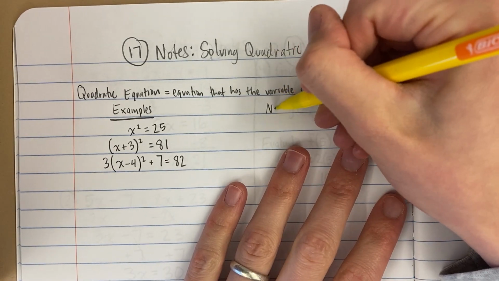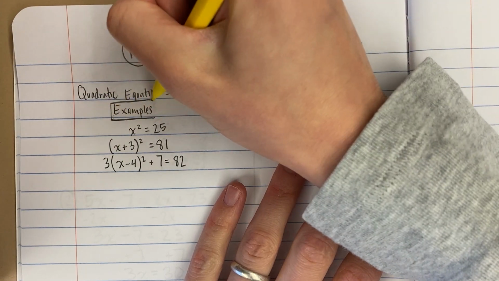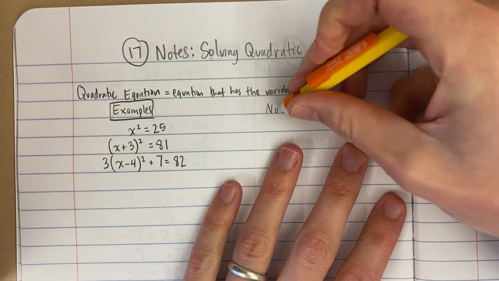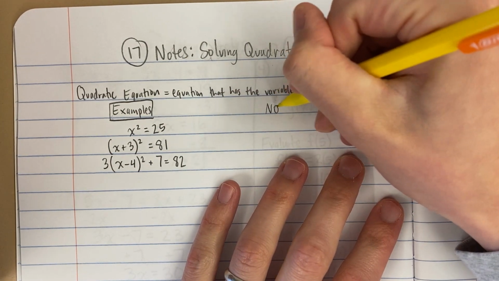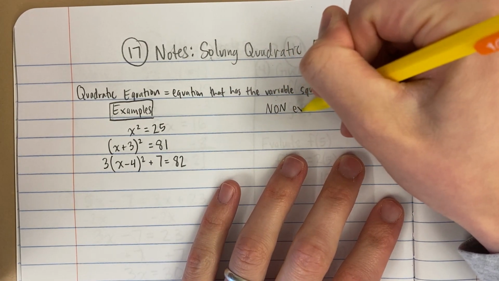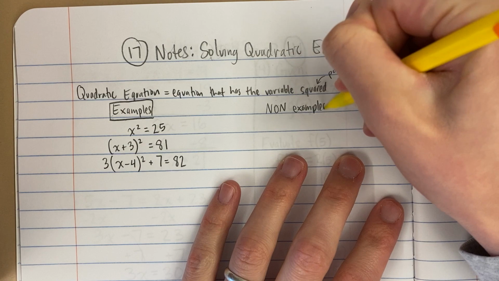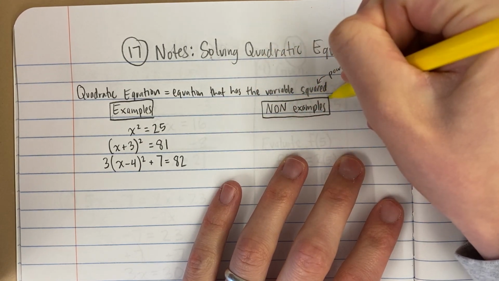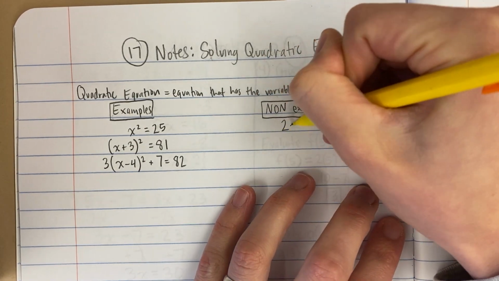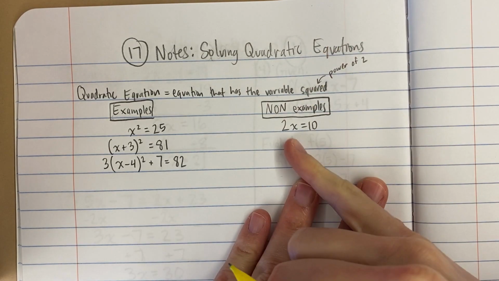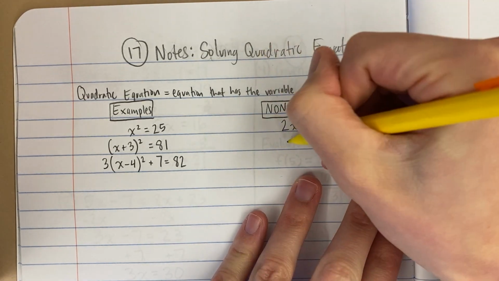Just to be clear, these are examples of quadratic equations. And then there are some things that are not quadratic equations. The strategies that we're going to learn right now only work on quadratic equations, so they don't work on an equation like this. Here, the variable is not squared, it's being multiplied by 2. This is not a power of 2.